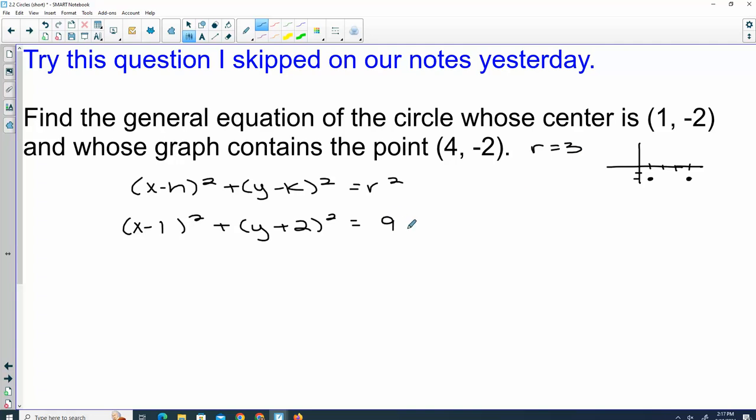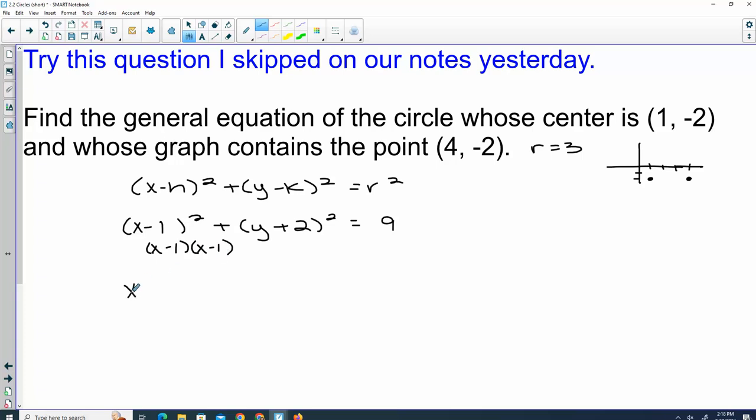Now, I asked you for the general equation. So if you have that handout from yesterday, you can look. It was like the third slide on here. This is center radius. What's the general equation mean? It's all multiplied out and set equal to 0. So if we multiply this, that's like (x - 1) twice.